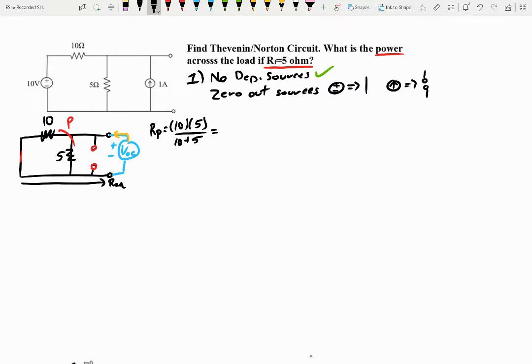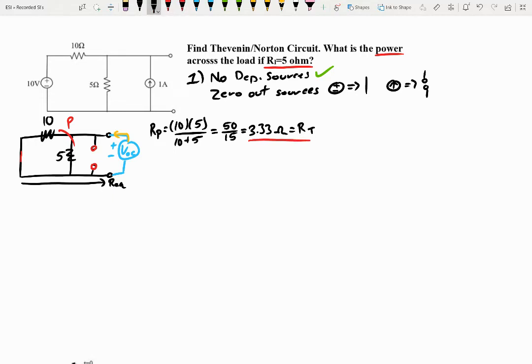That'll give us 50 over 15, which is 3.33 ohms. Okay. And that's going to be our R Thevenin because it's only going to be one resistor. Okay. So first part right there.